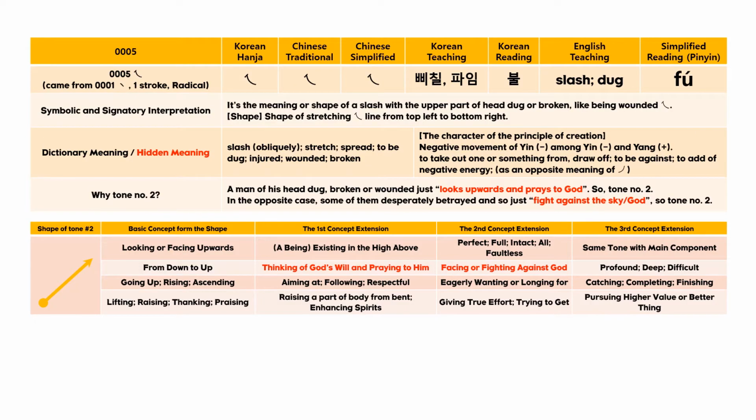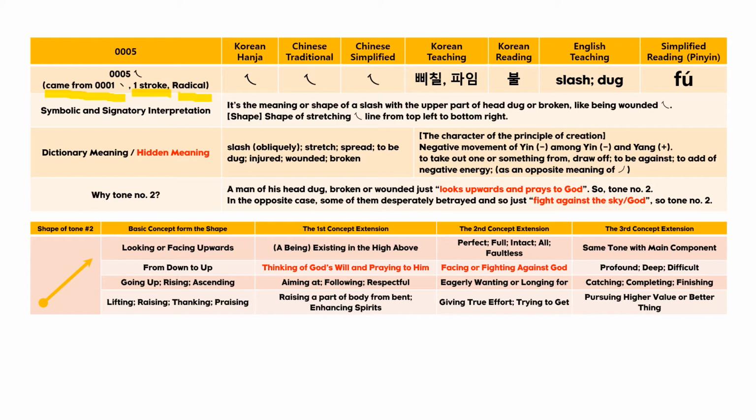Yeah, this character is just one stroke. It's one of the radicals. It came from the dot, the first character, meaning hidden meaning, sky. Okay, mathematically, this character has been made through this dot.